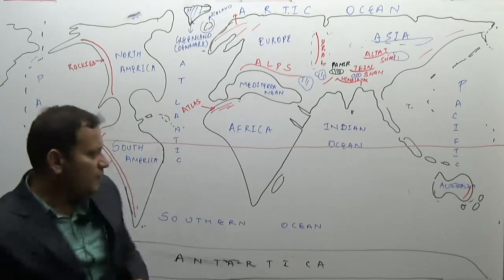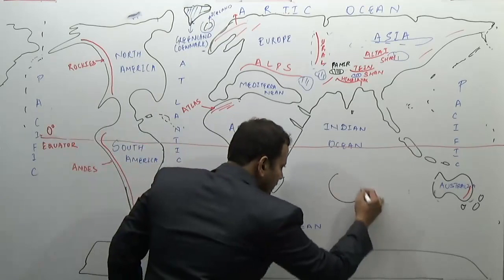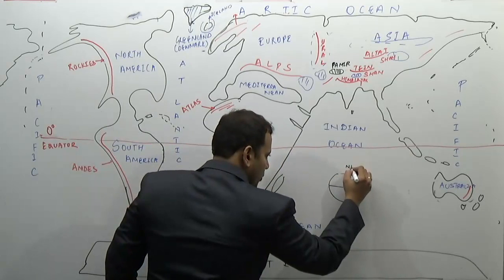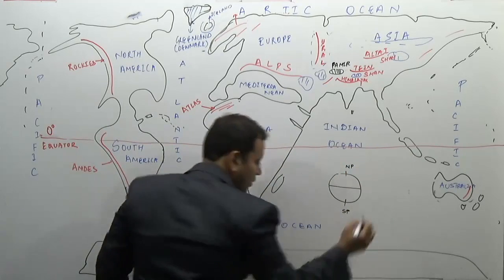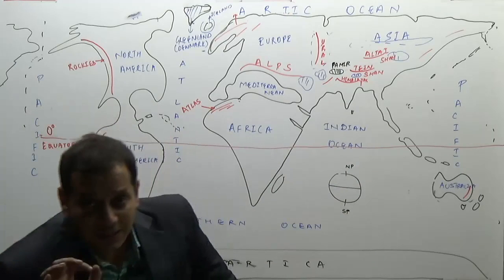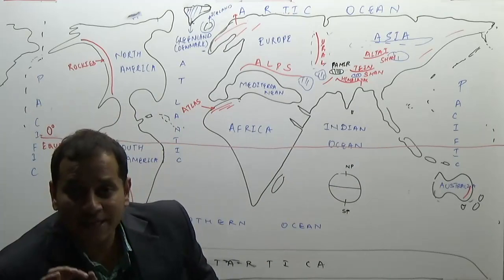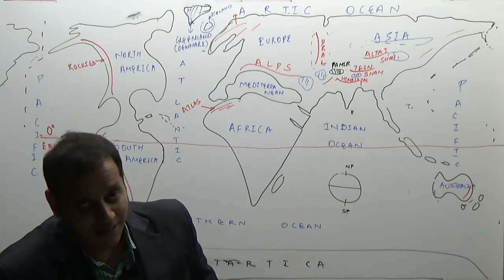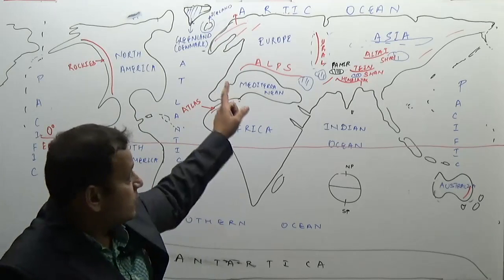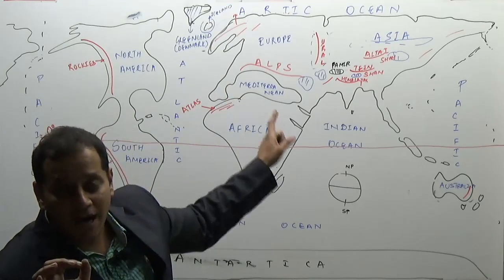Similarly, there are two regions which are known as the poles, the pole regions of the earth. So there are the northern pole and the southern pole region. Now you see one irony here, that though the northern hemisphere is dominated by land, at the north pole there is a lack of land, but there is a presence of an ocean in the form of the Arctic Ocean.